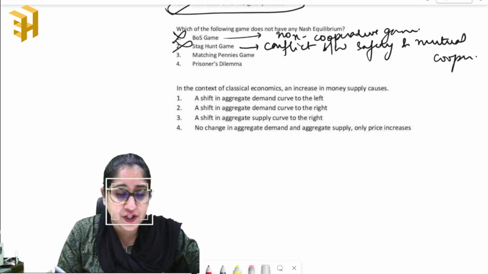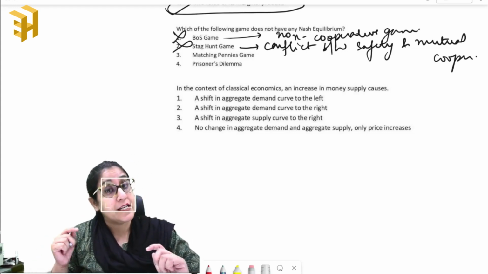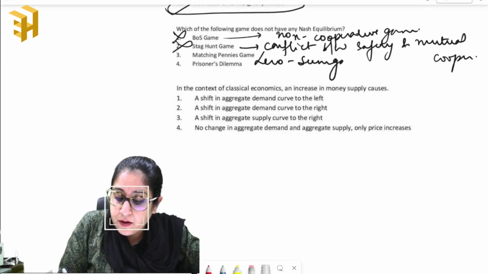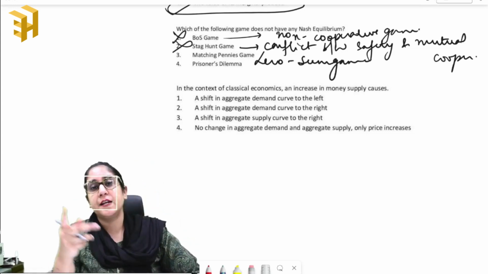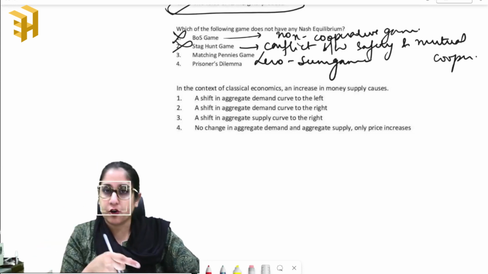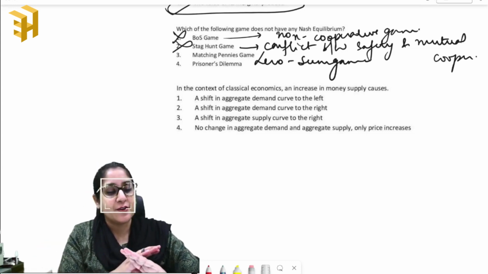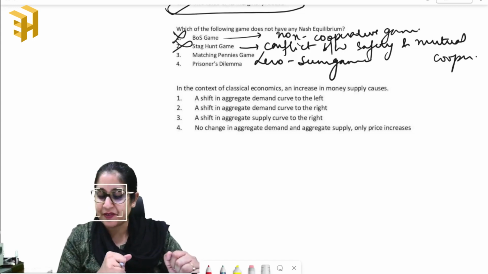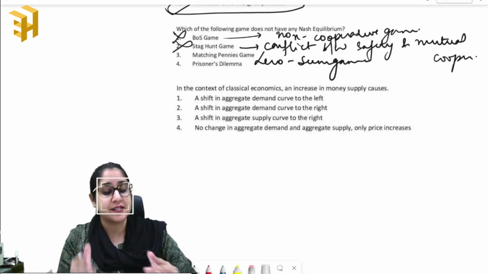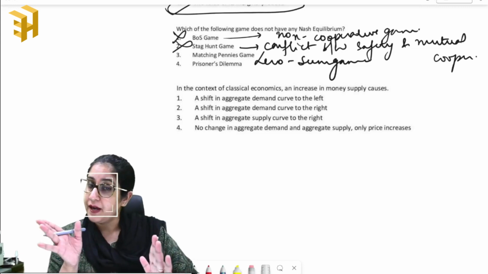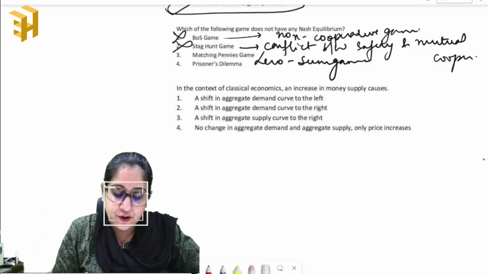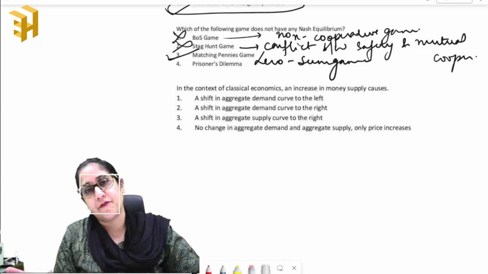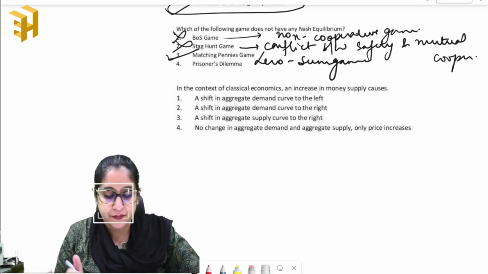Next is your matching pennies game. It is a kind of zero-sum game. Your gain is my loss, my gain is your loss. So there cannot be any kind of Nash equilibrium in this case. The right answer is option 3, because this kind of game does not have a Nash equilibrium.